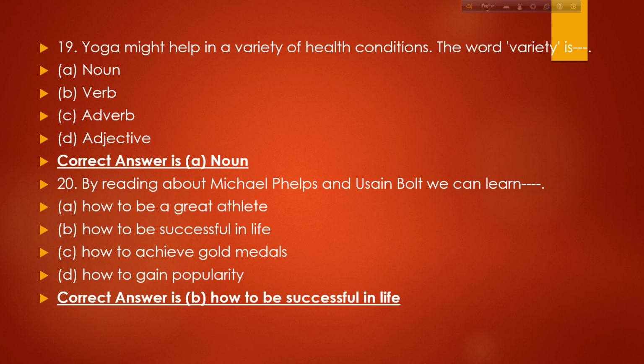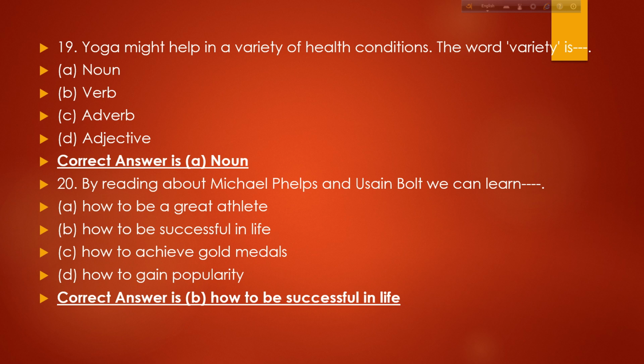Last question, number 20. By reading about Michael Phelps and Usain Bolt, we can learn dash. A, how to be a great athlete. B, how to be successful in life. C, how to achieve gold medals. And D, how to gain popularity. So correct answer is B, how to be successful in life.